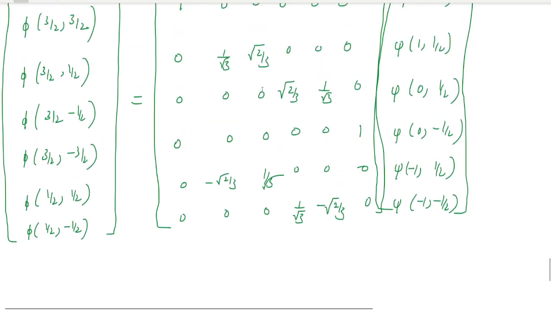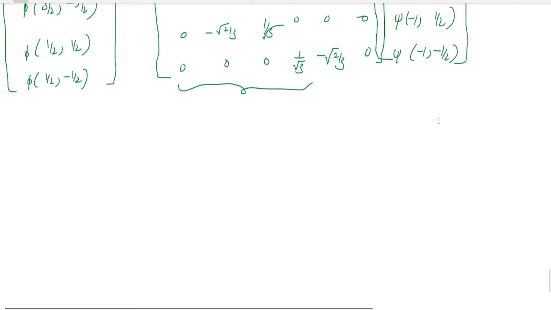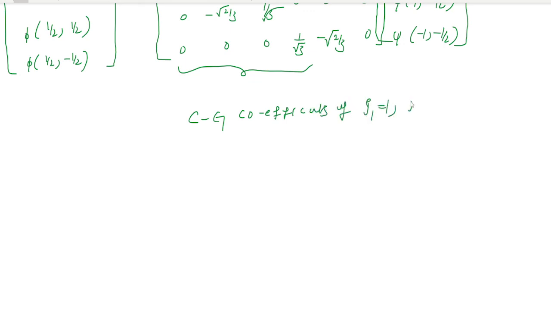These are the CG coefficients, CG coefficients of J1 is equal to 1 and J2 is equal to 1 by 2.